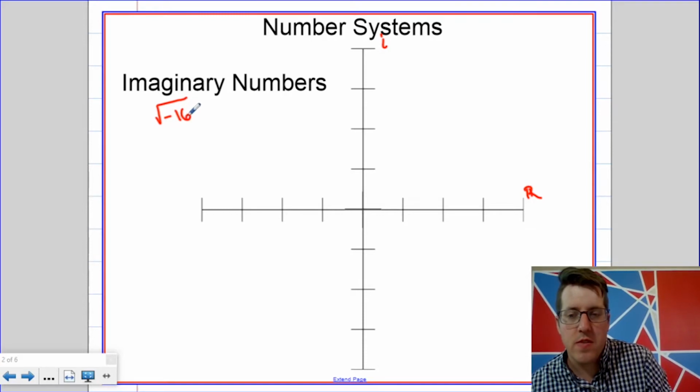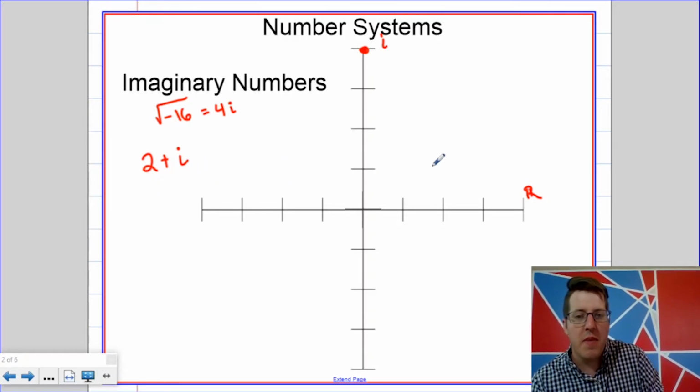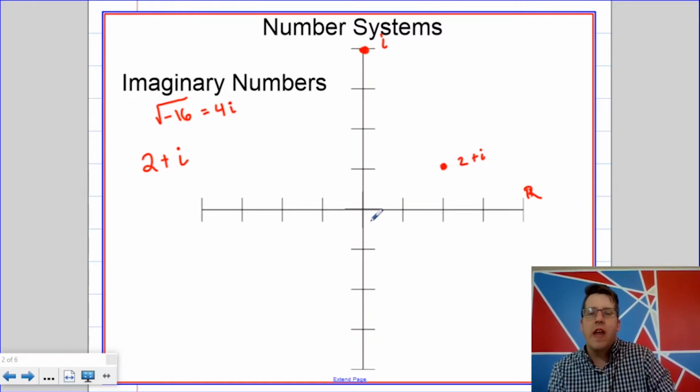So, for example, the square root of negative 16 is 4i, which, if we want to plot it, goes right here. Other imaginary numbers are things like 2 plus i, which would have 2 parts in the real component and 1 imaginary part, and would be plotted here. And you will learn more about that in this class and also in your next class.